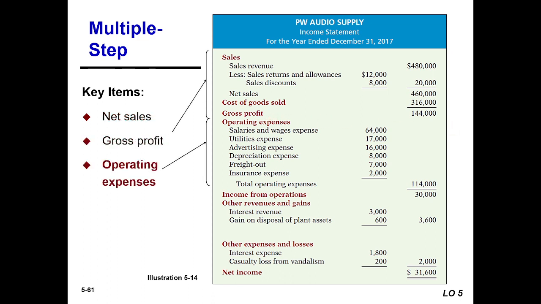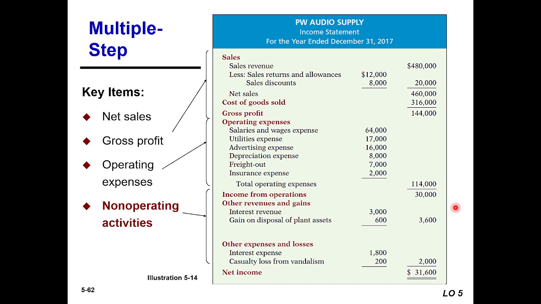Now operating expenses: salary and wages expense, utilities, advertising, depreciation, and insurance expenses. Six items are related to operating expenses, and the aggregate figure is 114,000.